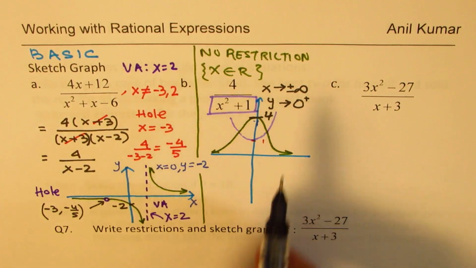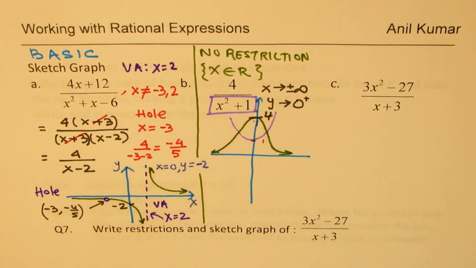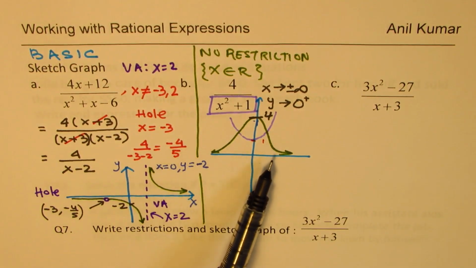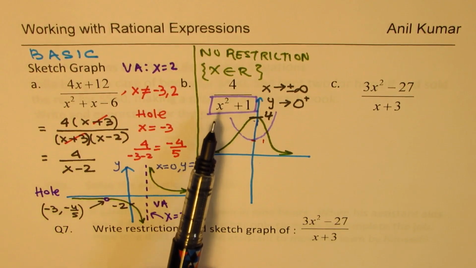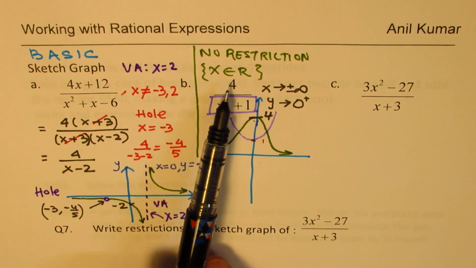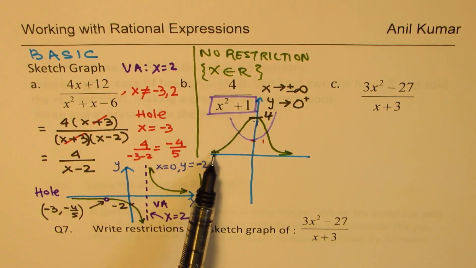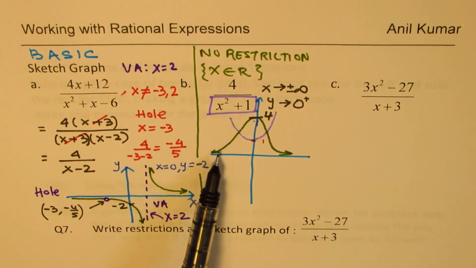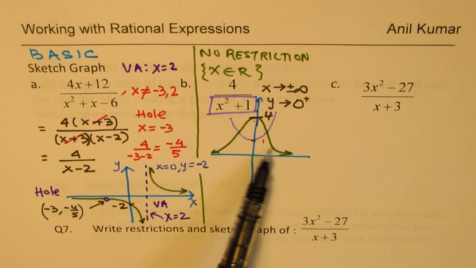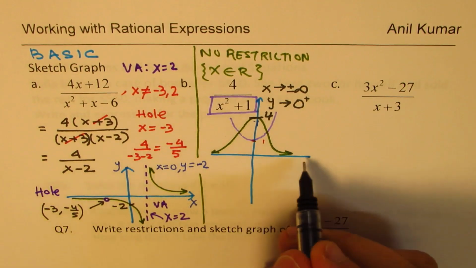We'll get into these details at a later stage. But from here, you can see that when x is very large, 4 divided by a large number, which is always positive in this case, will be approaching 0 from above. Right? That is how we sometimes say it, and this is actually called a horizontal asymptote.